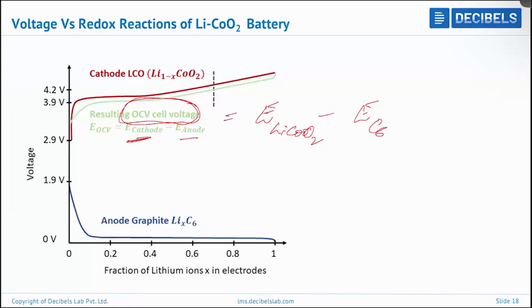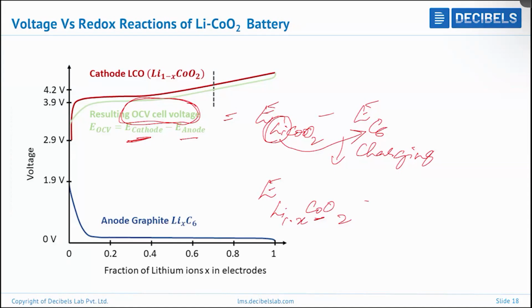Initially the voltage is 0 because it depends on the lithium ion concentration. When we start charging, the lithium ions are pushed to graphite. Okay. So it will become Li1-x CoO2, of course, there are two oxygens, let us not show here, and LixC6, right?